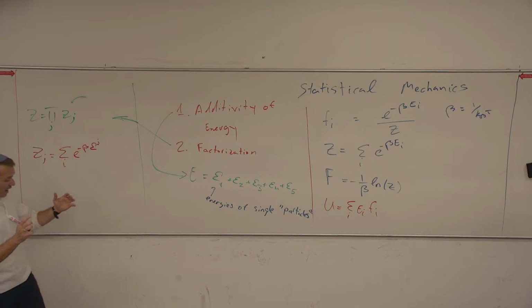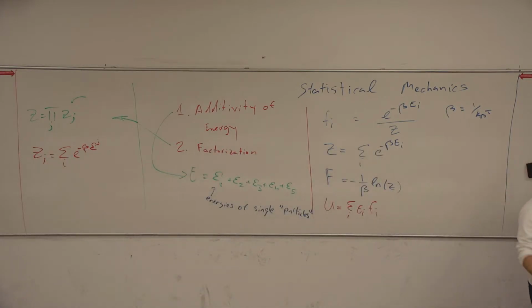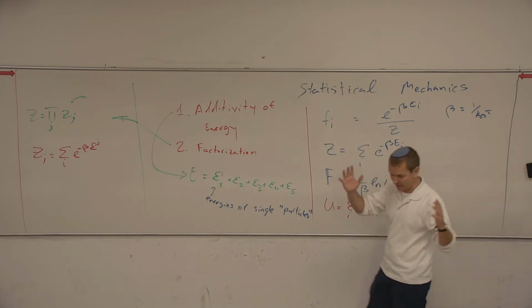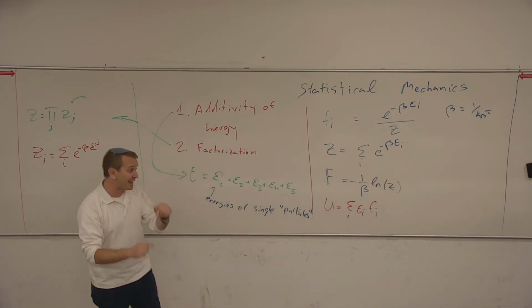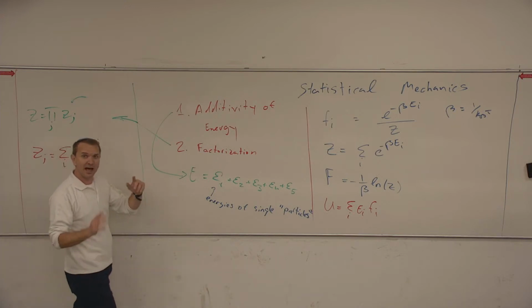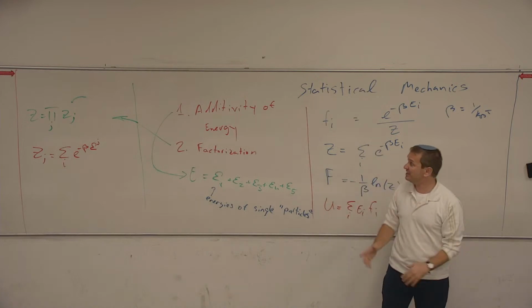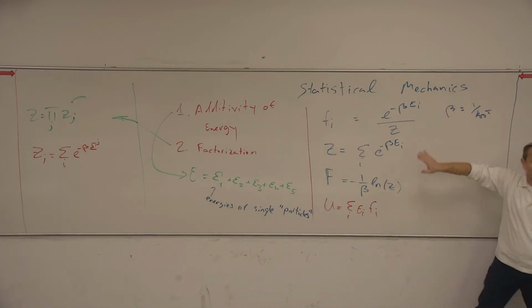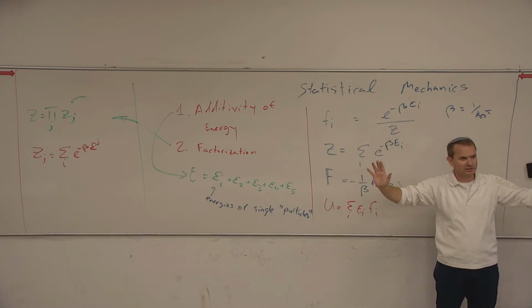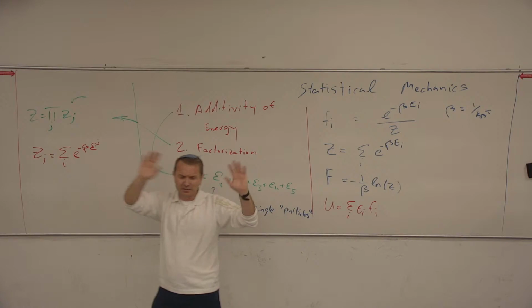So what factorization means mathematically, and we have shown this mathematically, is that I treat single microscopical particles as if they are macroscopical systems. We developed this formalism over here on the right hand side for a big macroscopical system. There was a heat bath, there was a constant temperature, well, different conditions.